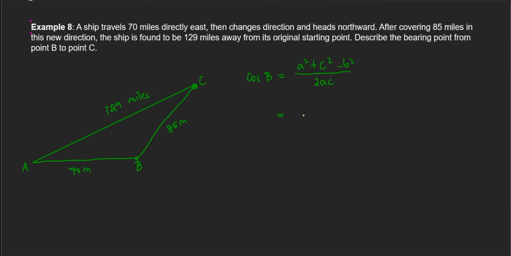So, yung A natin, opposite, that is 85 squared plus yung C natin, that is 70 squared minus yung B natin, that is 129 squared, all over 2 multiplied to 85 multiplied to 70. So this is cos B.